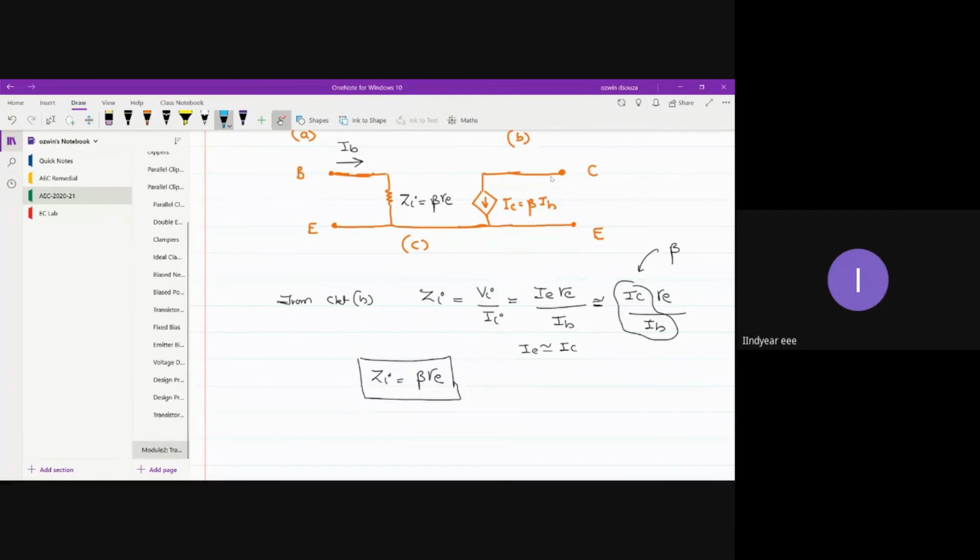Now in your equivalent circuit, sometimes we also introduce the output impedance. This is R naught. So R naught is equal to output impedance.